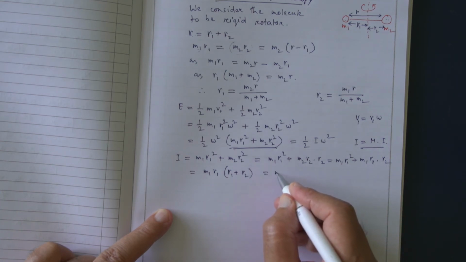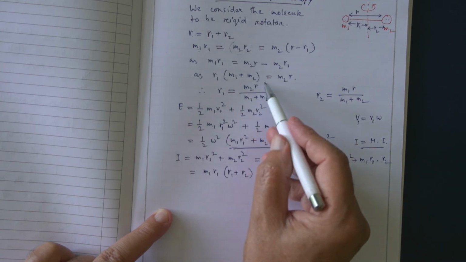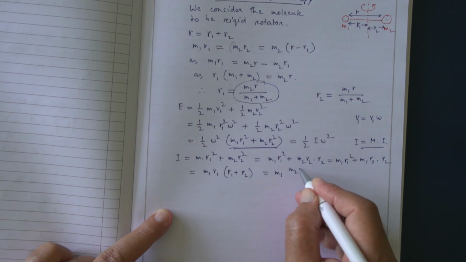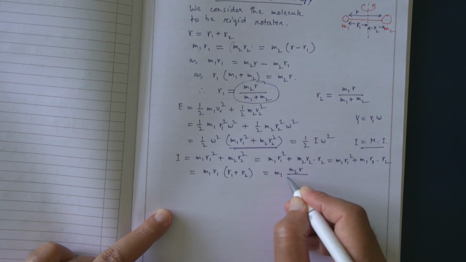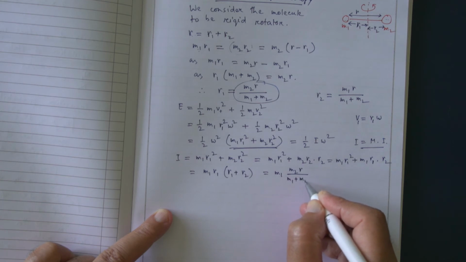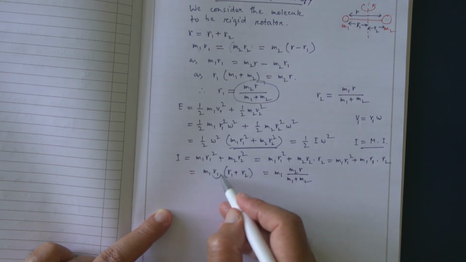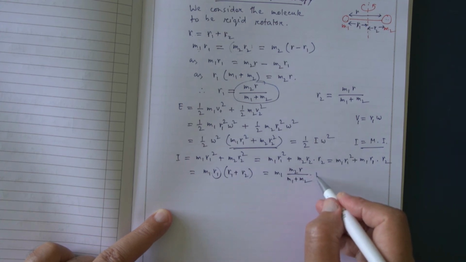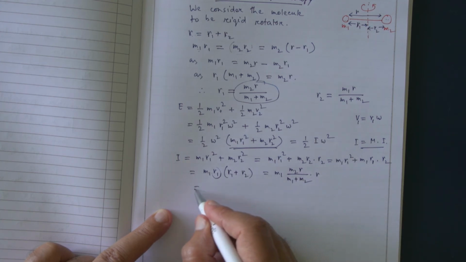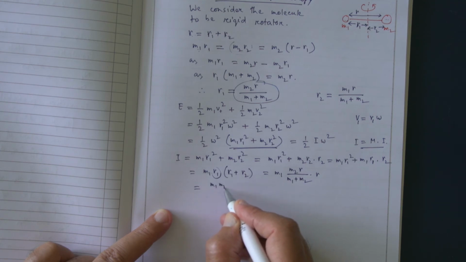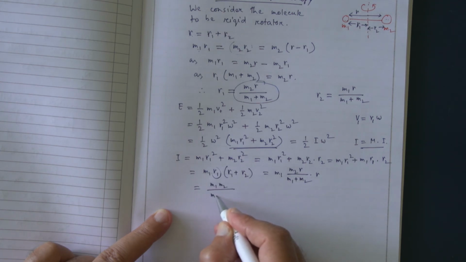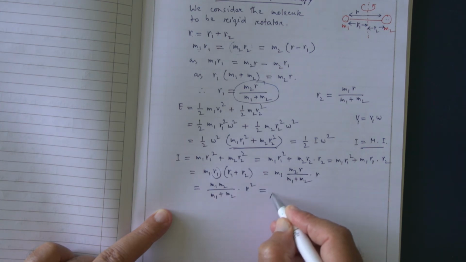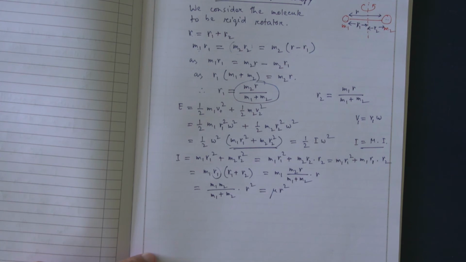The value of R1 is M2 R by M1 plus M2, and R1 plus R2 is R. So this equals M1 M2 by M1 plus M2 into R square, that is mu R square.